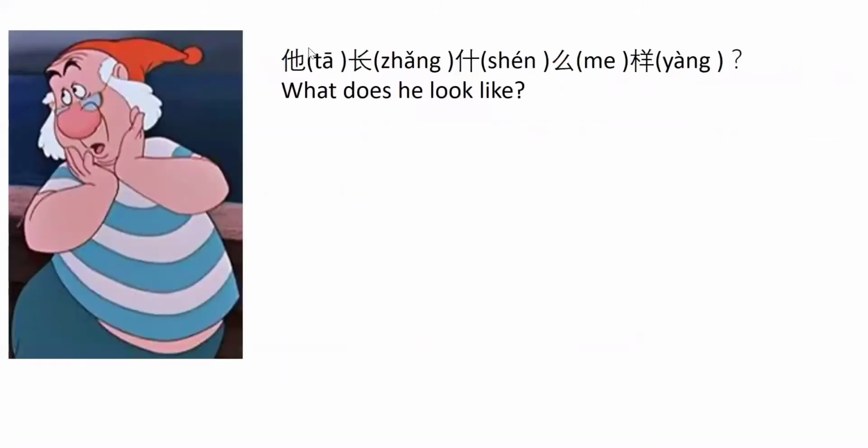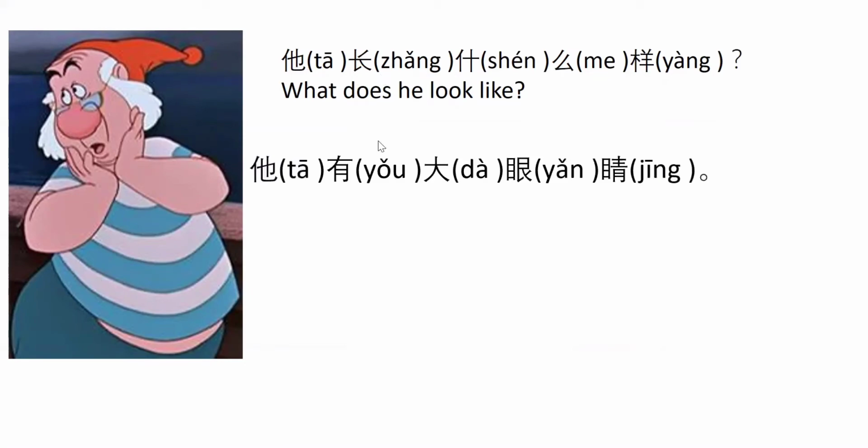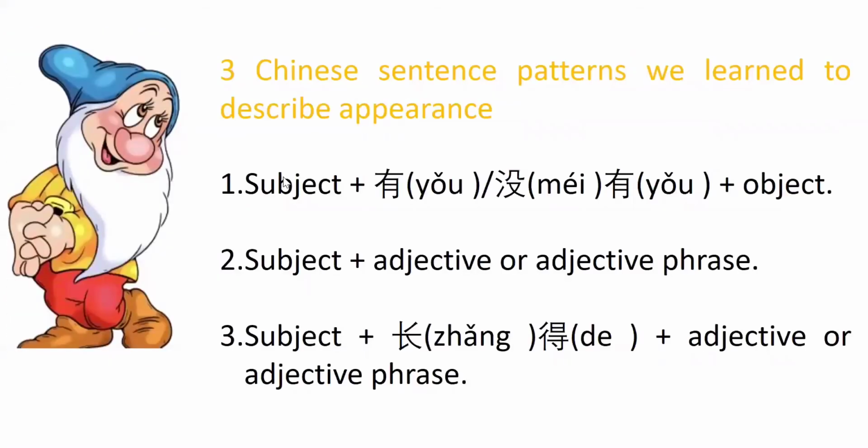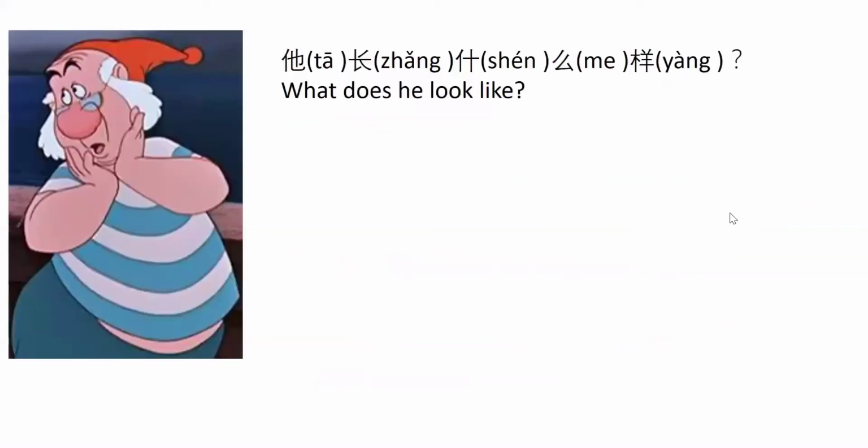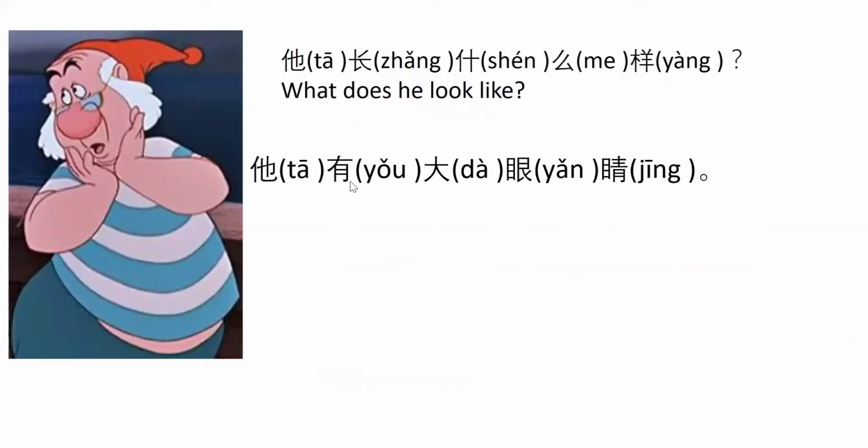Okay, so first, let's look at this picture and we're going to describe it with the 3 sentence patterns. 他长什么样? What does he look like? This time it is he. So the first pattern, subject plus 有 or 没有 plus object. We can say 他有大眼睛.